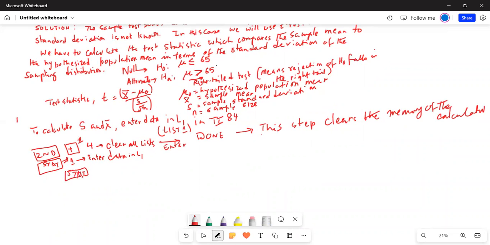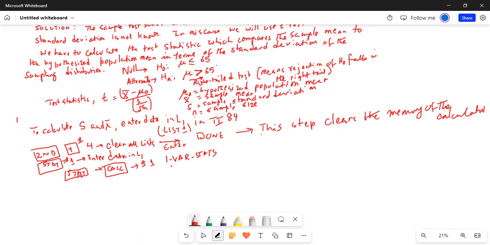And then highlight Calc on the top row, and then select number 1, which stands for 1-Var Stats.